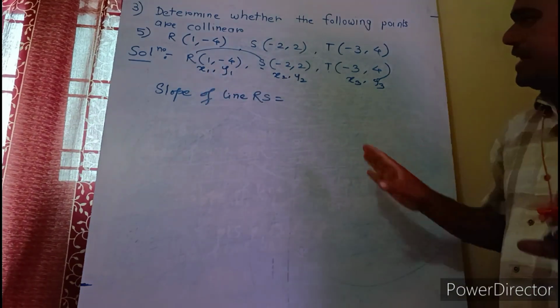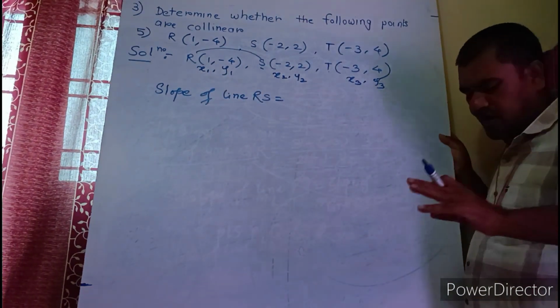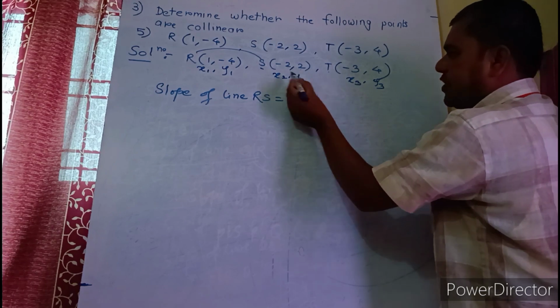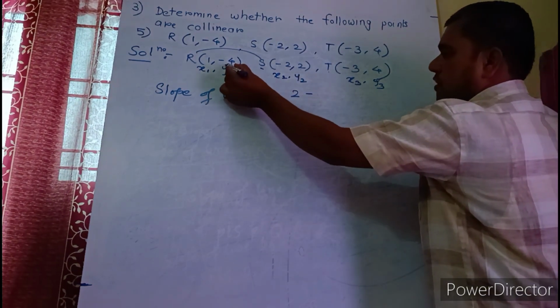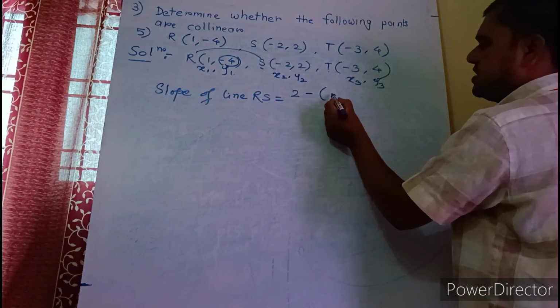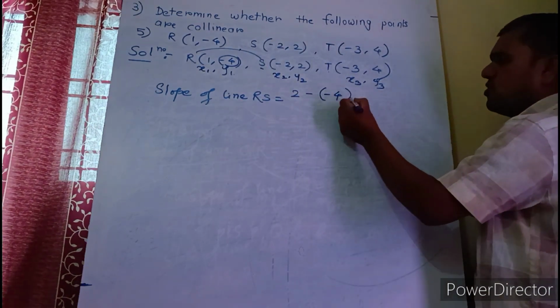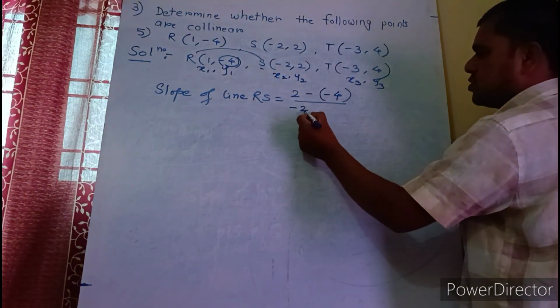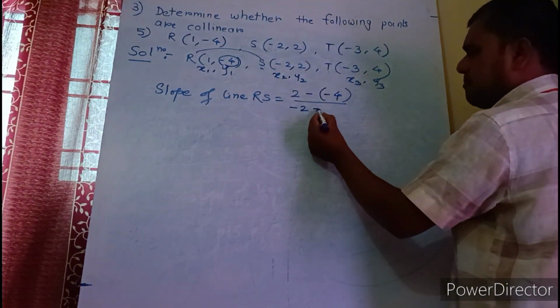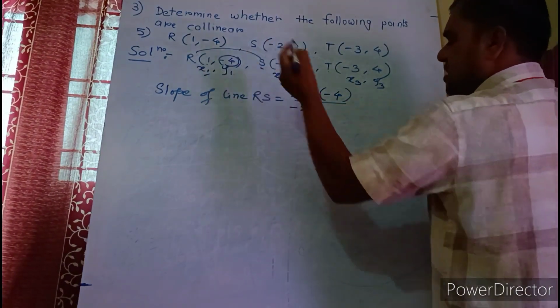On simply putting these values in the formula, that is y2 minus y1 is 2 minus this y1, the value of y1 is minus 4, therefore in bracket minus of 4, divided by x2 minus x1, that is minus 2 is the value of x2 minus the value of x1 is here 1.